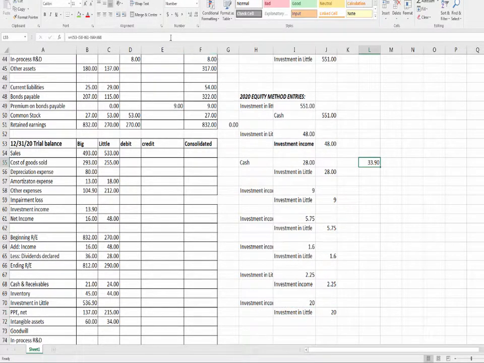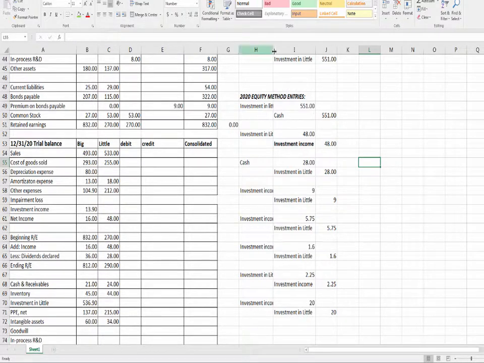Okay, so now the sum of our equity method entries does in fact equal our investment income of $13.90 that appears on the trial balance. Okay, now let's do our elimination entries.